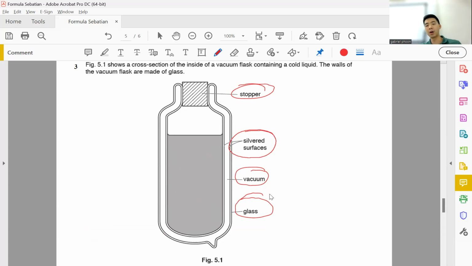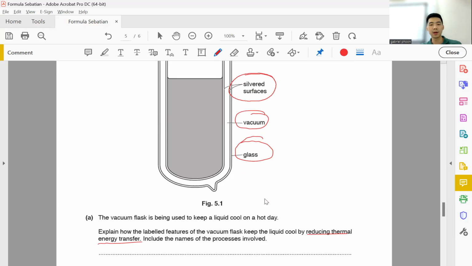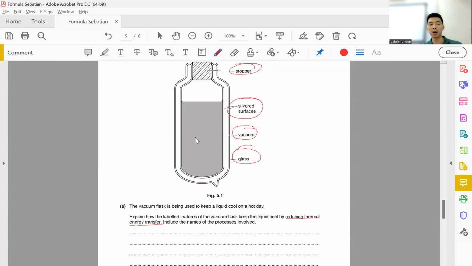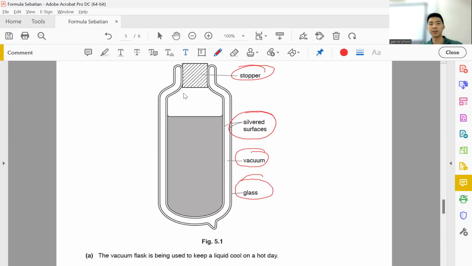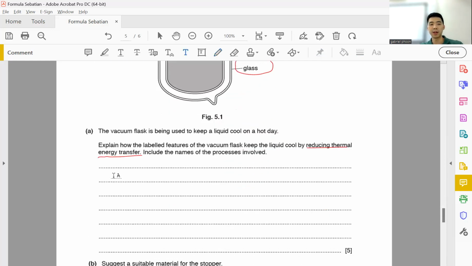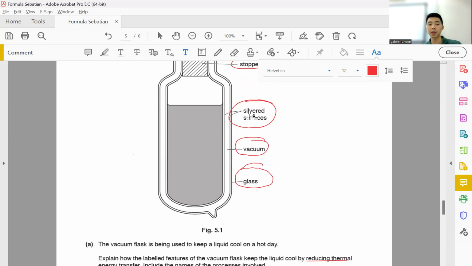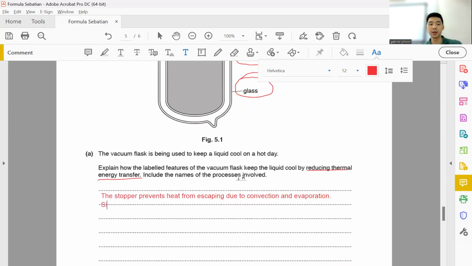Right, and if you are uncertain, you can literally just write whatever you know. So for me, I'll write something like this. I'll start with the stopper first. I'll say something like, the stopper prevents heat from escaping due to convection and evaporation. Right, this is definitely going to be 1 mark. Then I say silver surface.